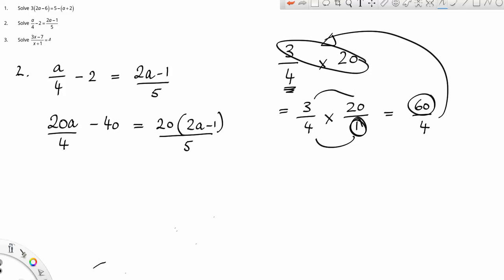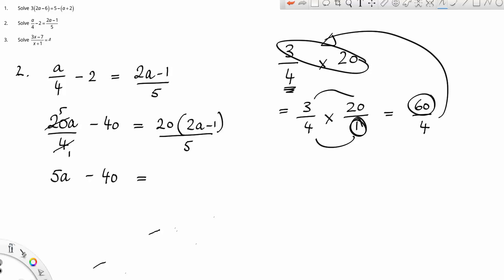But it's all going to simplify nicely, because 20a over 4, well, the 4 will cancel. It'll go into the 20 5 times. So that's just going to become 5a on 1, which is just 5a. We've still got minus 40.